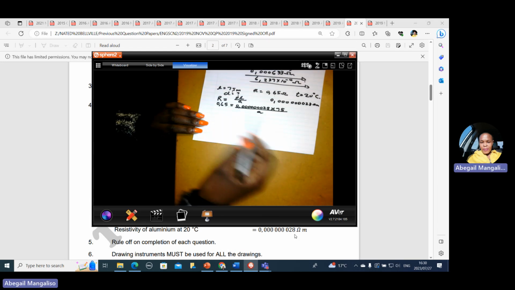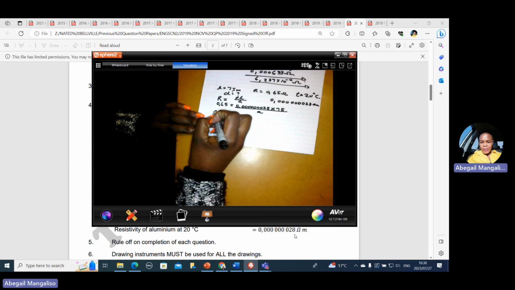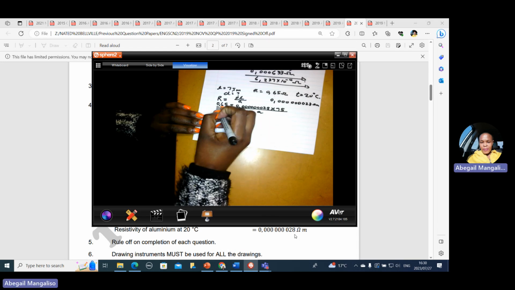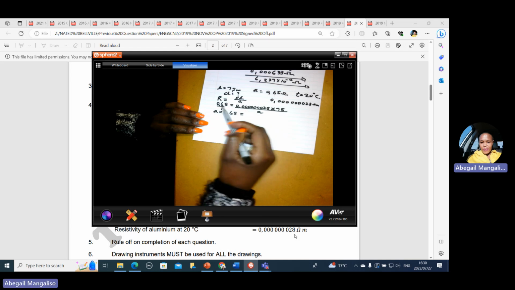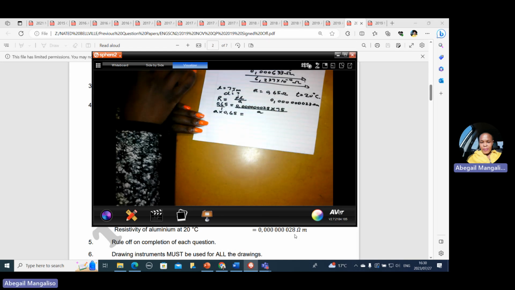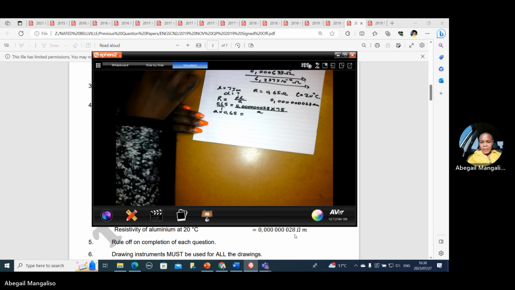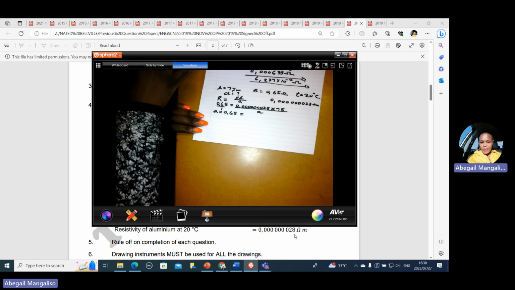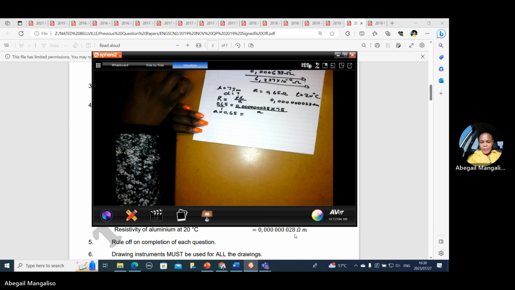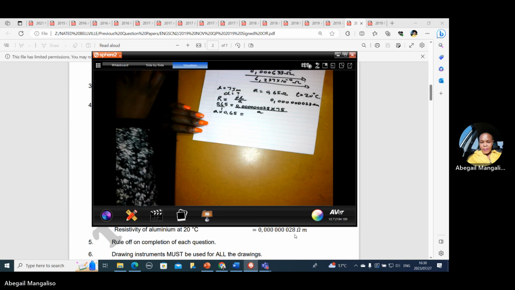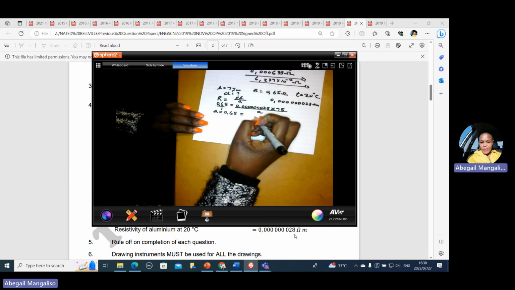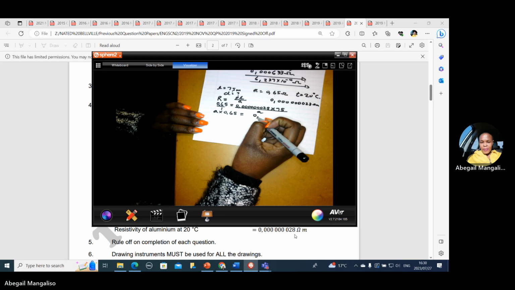When you cross multiply, this will be area times 0.65 equal to, this is over 1, so 1 times this answer on this side, times 75.